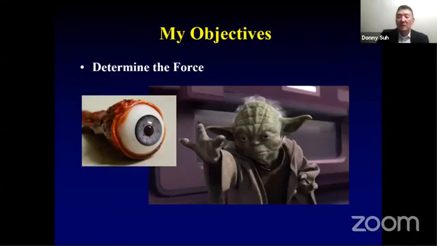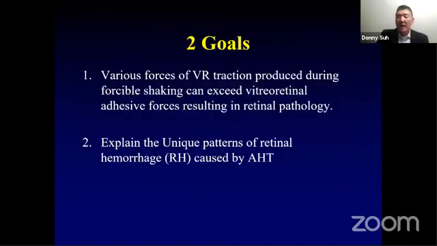So my objective was to determine that force. My goal was to determine the forces of the vitreoretinal traction that's produced during forcible shaking. So how much force is created by shaking a child?